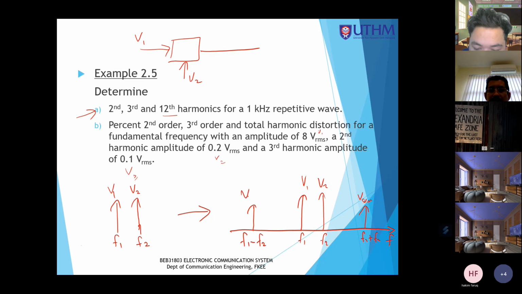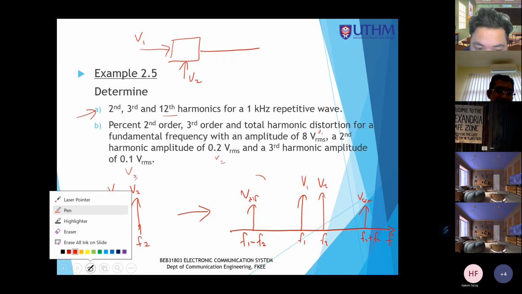The word difference means the difference in terms of frequencies, the difference between two input frequencies. Maknanya tadi you tanya, ini dua perkara yang perlu ada: V sum and V difference must be in the intermodulation distortion.